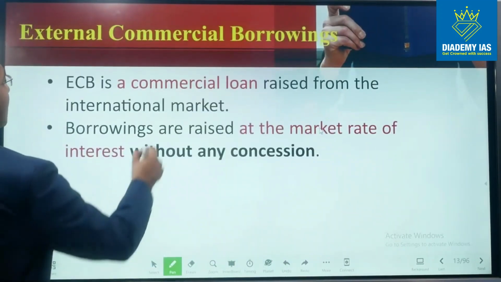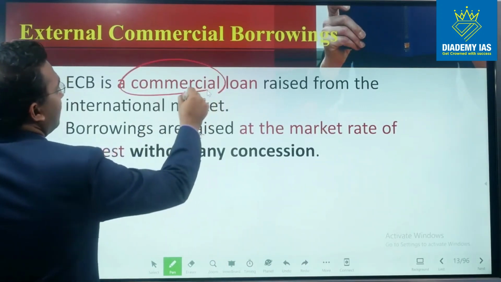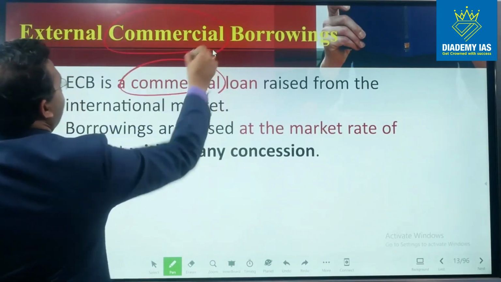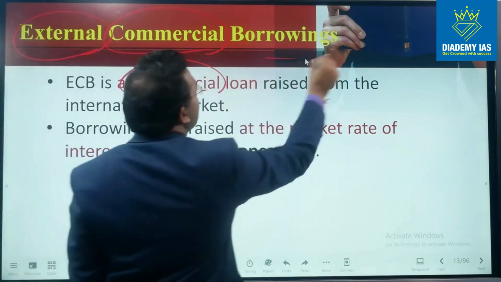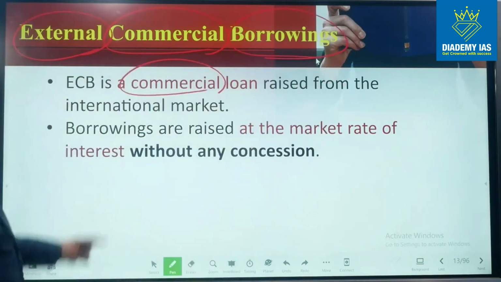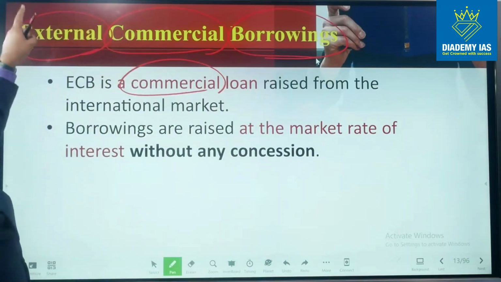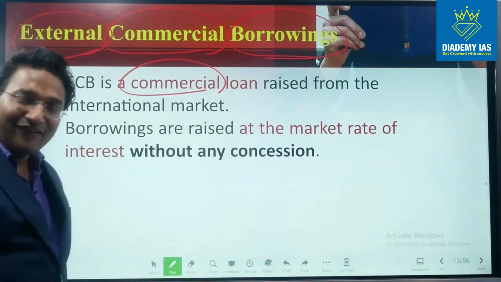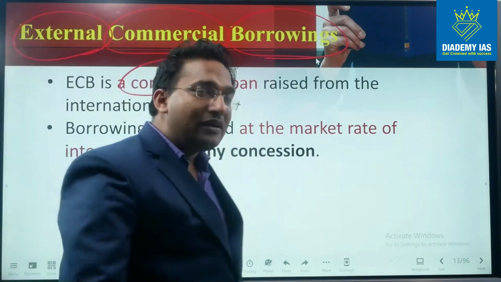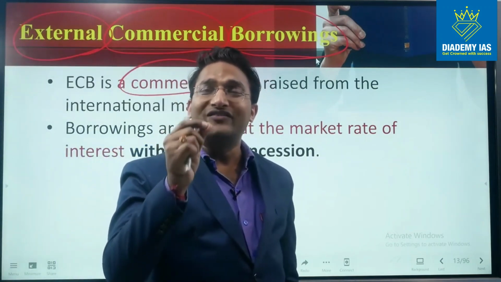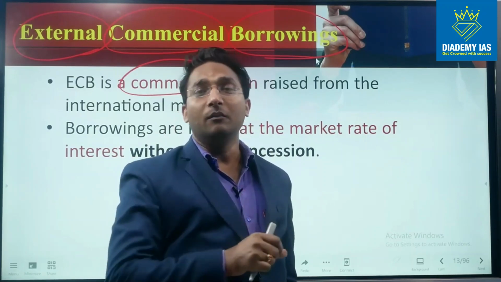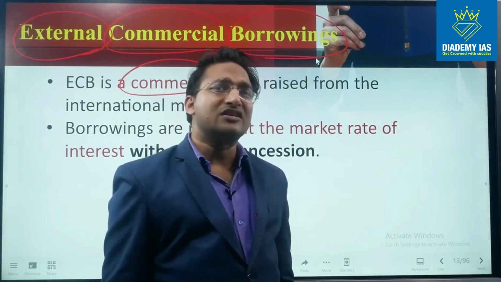So now let us see everything in simple language. ECB is a commercial loan. The name itself says commercial. External means from a foreign country. Borrowing means loan. So it is a commercial loan taken from an external country. Very simple. In economics, if you break down and simplify the meaning of the terms, everything becomes crystal clear.